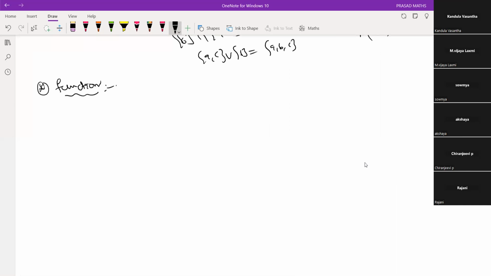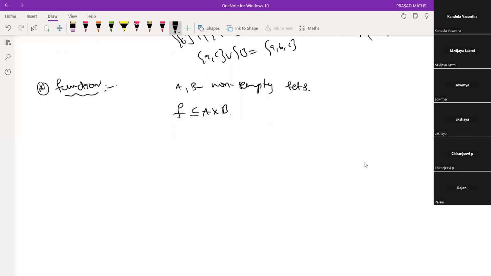Right, next is function. What do you mean by function? Suppose A and B are 2 non-empty sets. We take any relation from A to B, we call it F for the sake of our convenience.